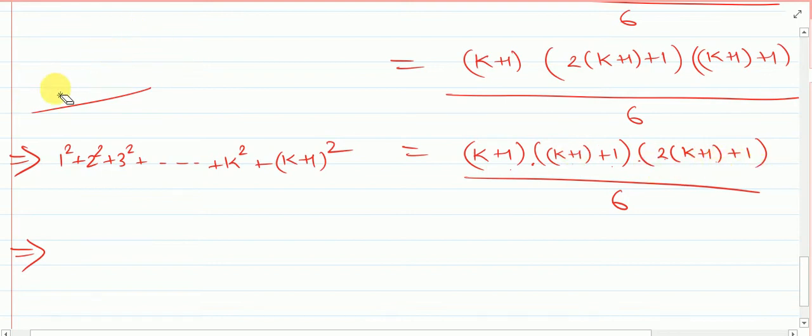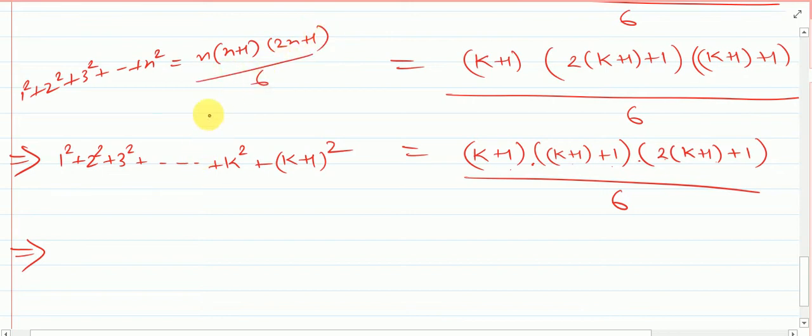Yes, because the given statement was like this: 1 square plus 2 square plus 3 square plus dash dash dash plus n square is equal to n(n plus 1)(2n plus 1) upon 6. The last term was n, so here we got n, then n plus 1, then 2n plus 1. Here last term is k plus 1, so here we are getting k plus 1, then k plus 1.